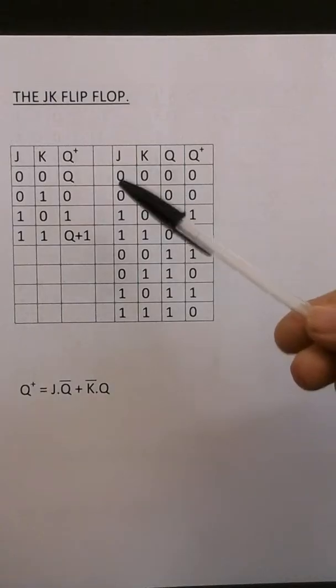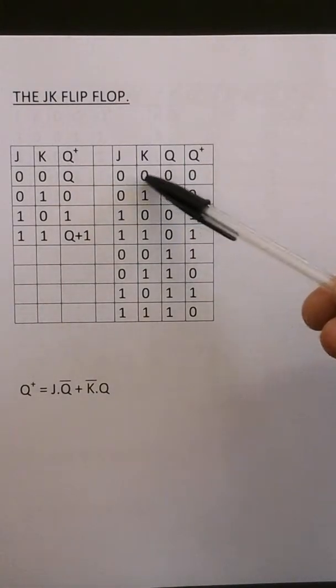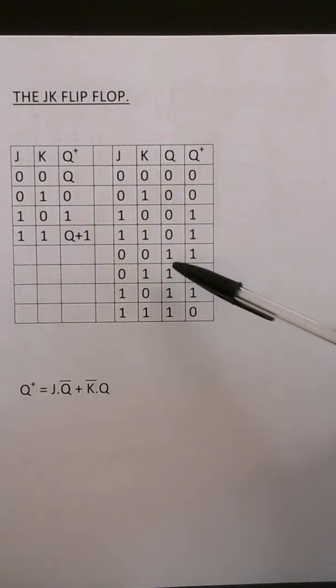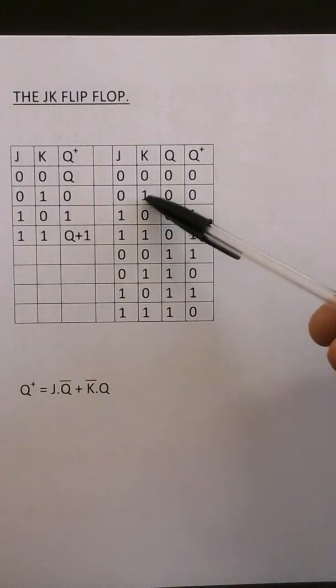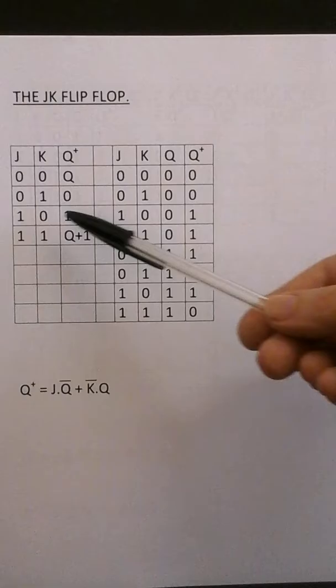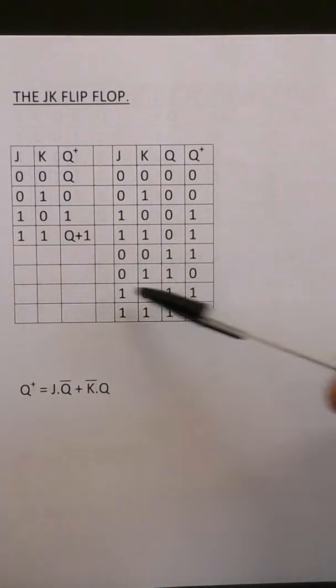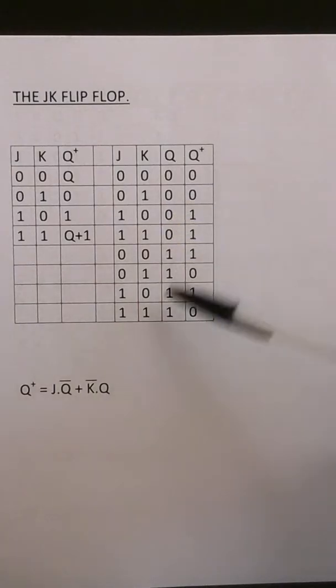And here we can see on the long form truth table, when J equals 0 and K equals 0, Q plus equals Q. When J is 0 and K is 1, it's 0. And when J is 1 and K is 0, it's a 1. And when J is 1 and K is 1, it's not Q. There.